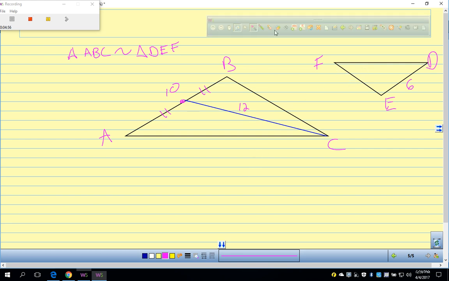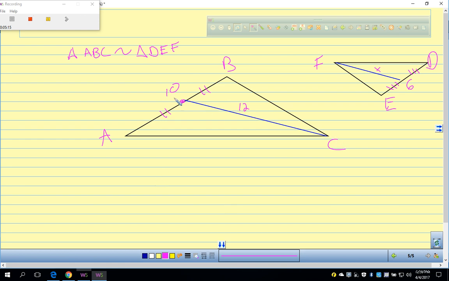And I draw another segment from here to here, and I want to know what this is. We'll call this x. What's x? How would I figure that out?